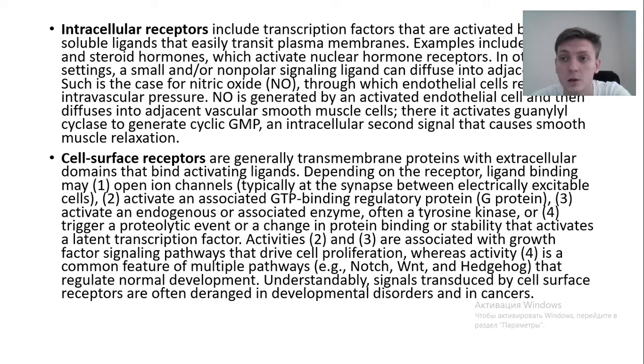That's acetylcholine, as I said before. It opens the sodium channels and activates the action potential afterward. Secondly, they can activate an associated GTP-binding regulatory protein, known as a G protein.